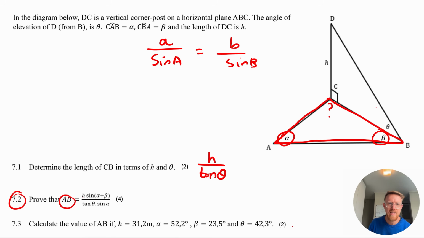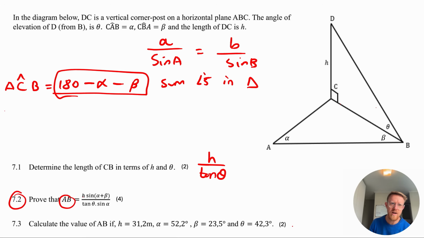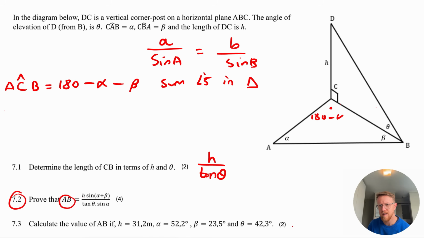We can say that angle ACB, which is this one over here, is equal to 180 minus alpha minus beta, just because of sum of angles in a triangle. We've now got this angle as 180 minus alpha minus beta.